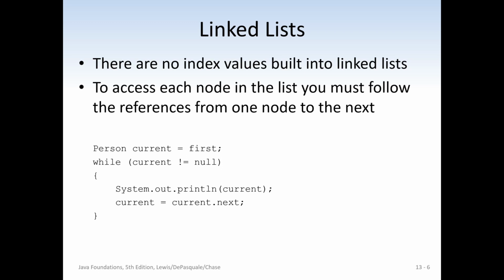So while what we're looking at right now is not null, we're going to print out the current person reference, and that's going to do whatever it does for the person object. And then we're going to say current equals current dot next. Remember, that person object has a reference to another person, and we usually name these things next.